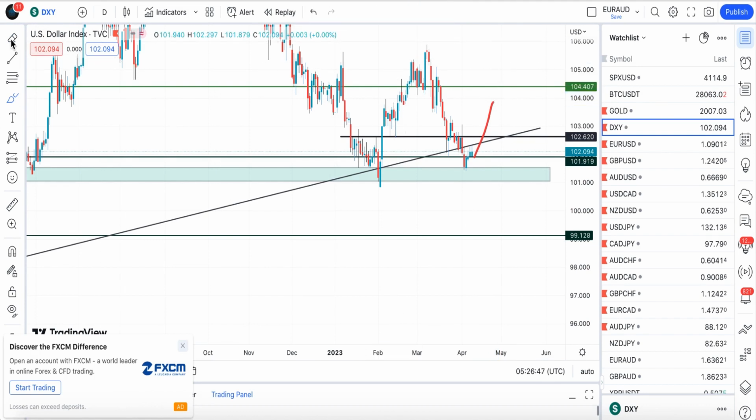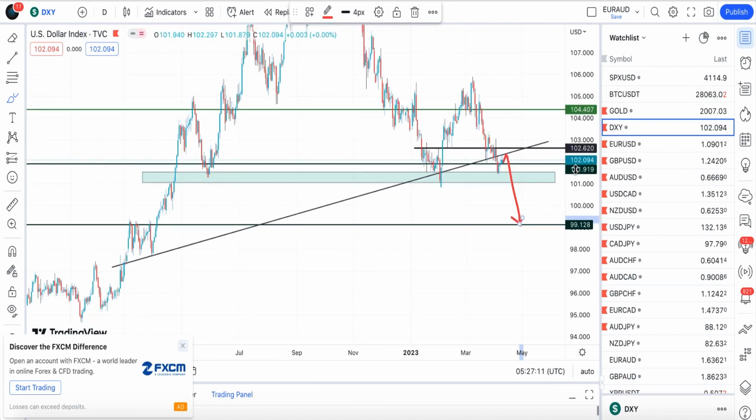But if we have a weaker CPI, which means a weaker data, then we should see it declining from this level, probably hitting 99.128. But first of all, the 100 level before 99.128. So that's what I'm looking at on the DXY.